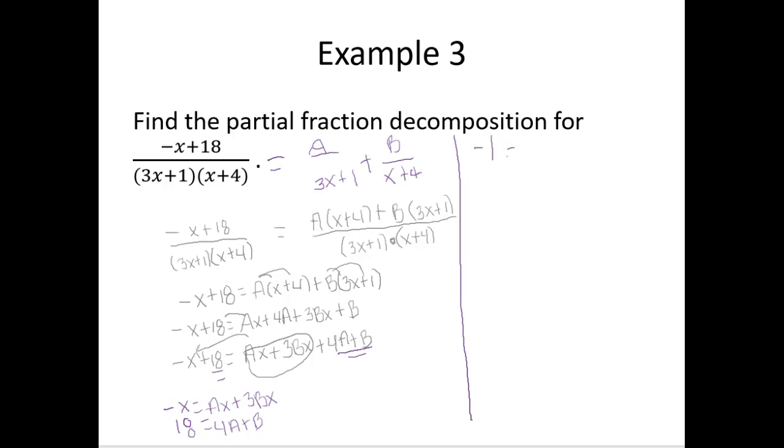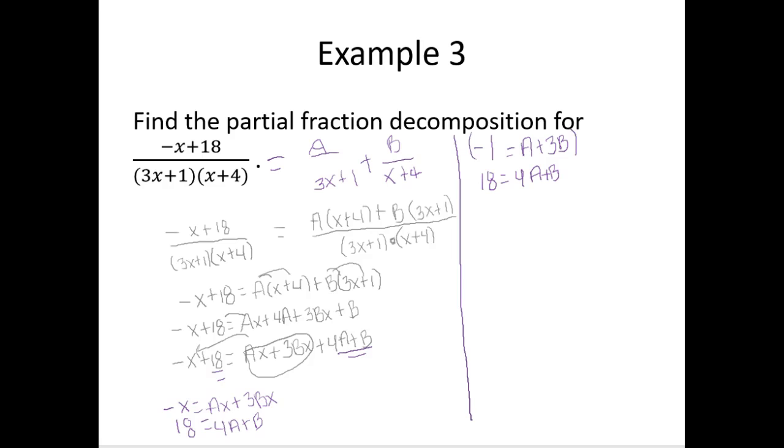So negative 1 is equal to a plus 3b, and then 18 is equal to 4a plus b. And now we can use elimination or substitution to solve this. I think I am going to use elimination.